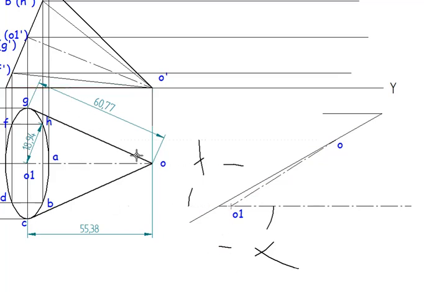Next I am going to take the distance from O to H, which is 51.7.